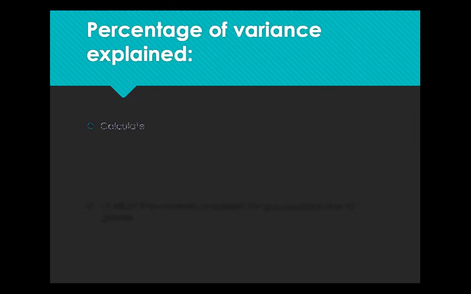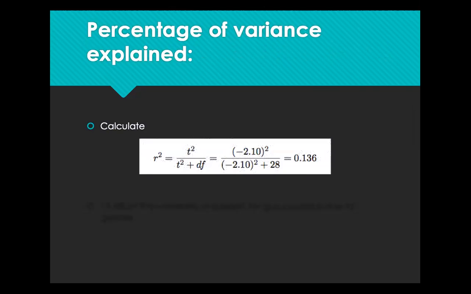And then percentage of variance explained. Again, there's the formula. Plug in our t obtained and the total degrees of freedom. So t obtained is negative 2.10. Our total degrees of freedom is 28. And you get 0.136.